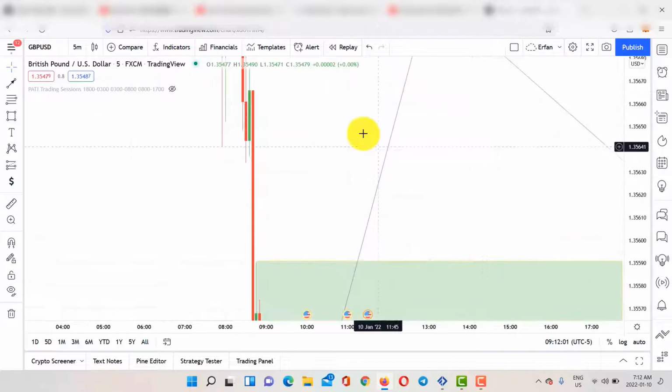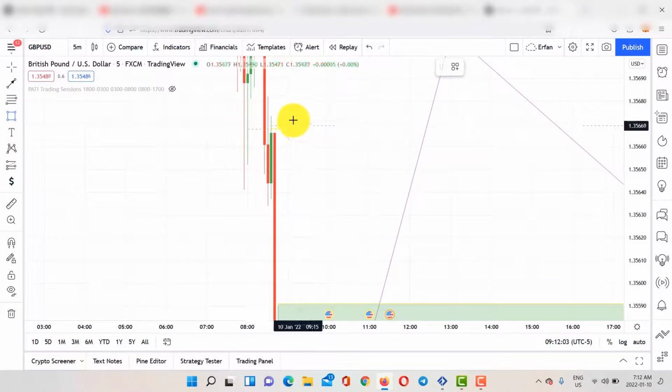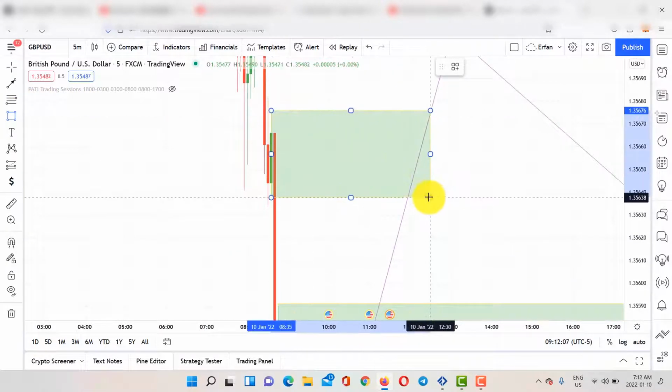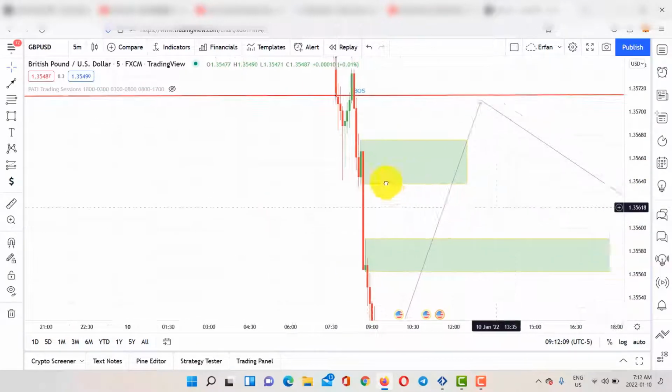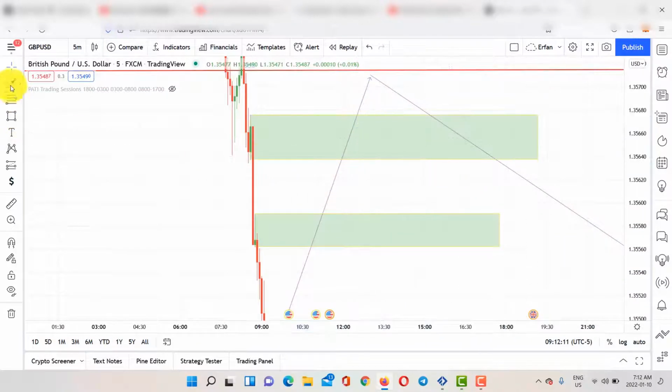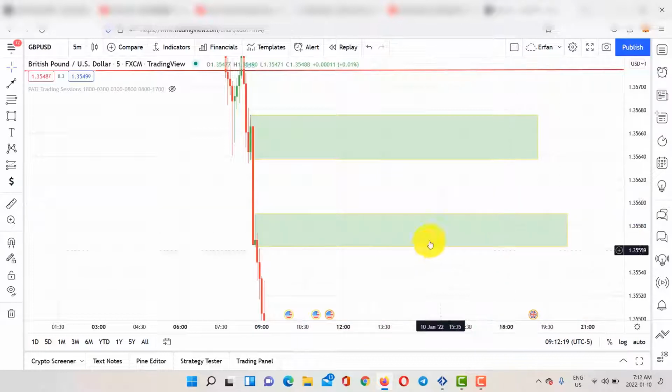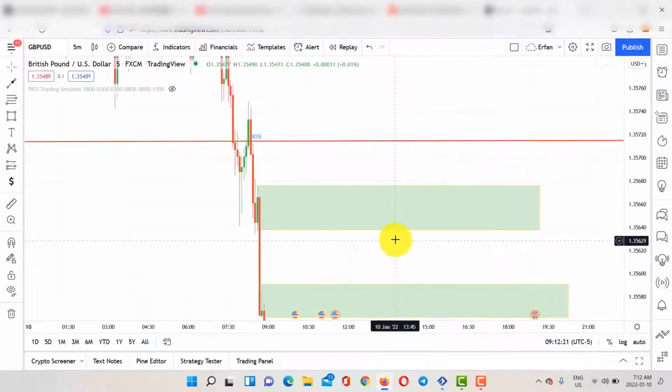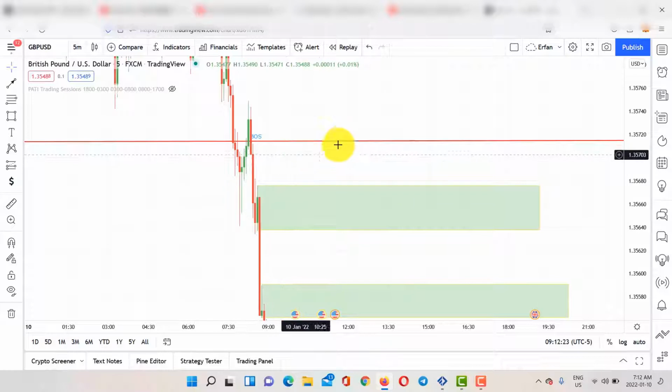One order block here. Definitely this one, because after the price dropped, it left a huge gap in between. So we have one order block here, one order block here, and let's see how the price reacts. So this one is not an order block.